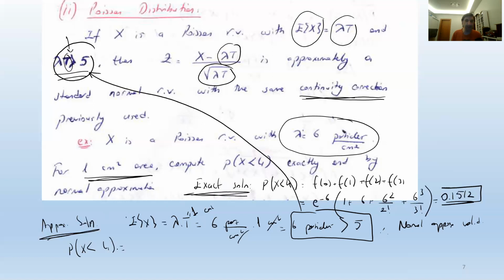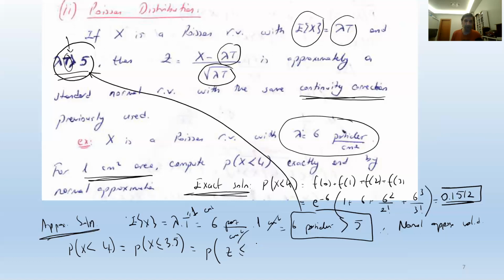Now, once we validate it, we are going to simply write x smaller than 4. We are going to do the continuity correction. We would like to exclude 4, but we would like to include 3. Therefore, we can write x smaller equal 3.5. In terms of Poisson distribution, these two are the same, but in terms of normal distribution, this is important.